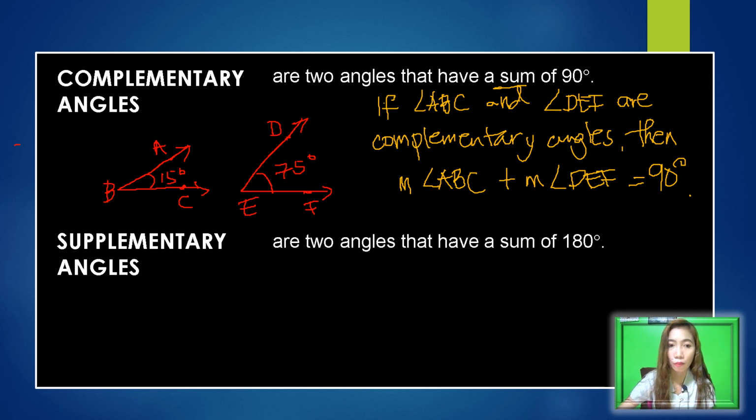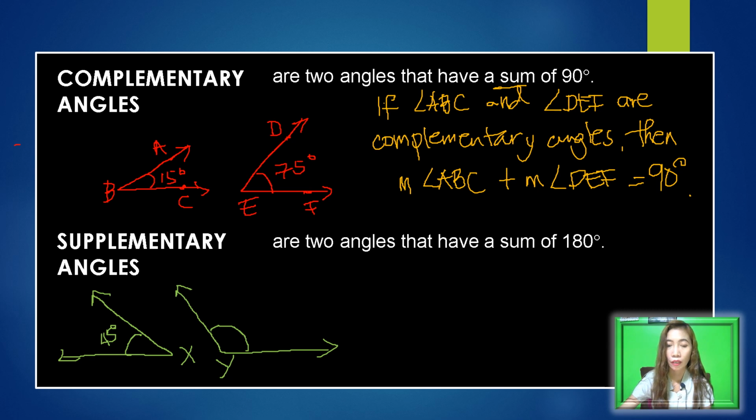Next is for the supplementary angles. Let's say we have this angle X, and its measure is 45 degrees. And we have another angle, angle Y, whose measure is 135 degrees. Why does it need to be 135? Because they are supplementary, so when you add them, it should be 180 degrees.